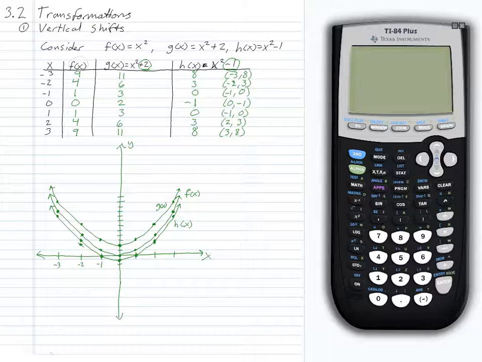So that corresponds with that first definition, which says that if we simply add a constant or subtract a constant, we can find the graph of our new function by basing it off of the graph of our old function and simply shifting by however many units we are adding or subtracting. Adding moves us up, and subtracting moves us down. So vertical shifts are generally the easiest to conceptualize, and what we're doing here is simply adding a constant to the y-coordinates of our original function.